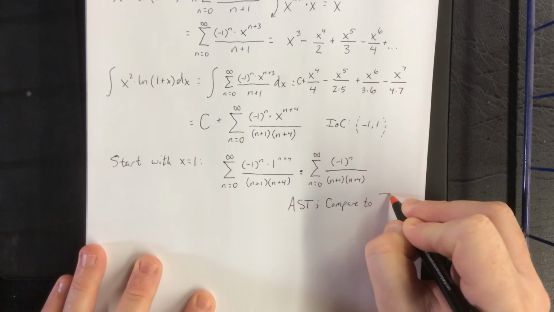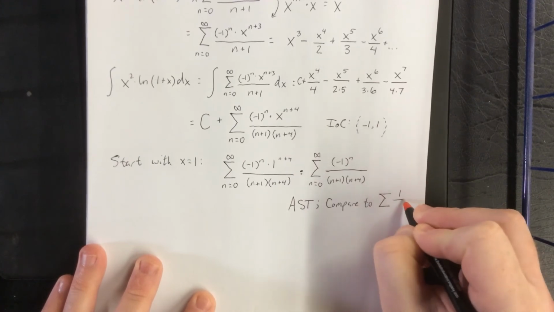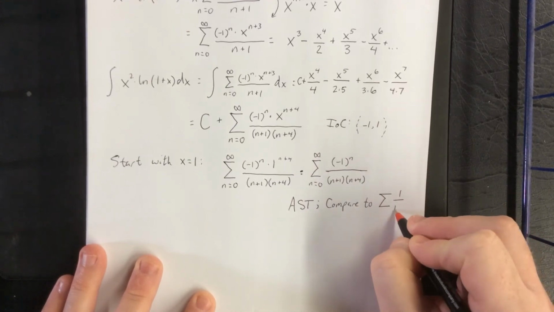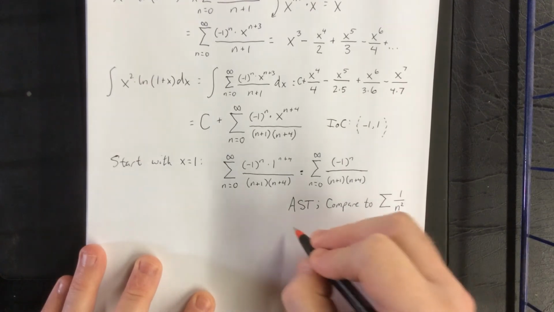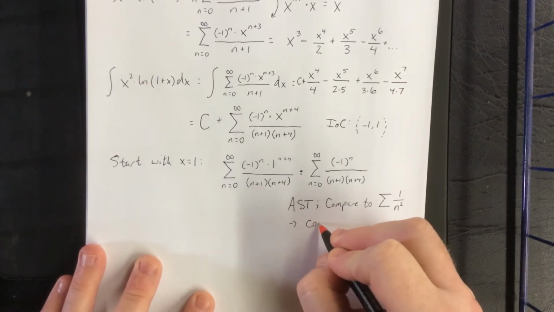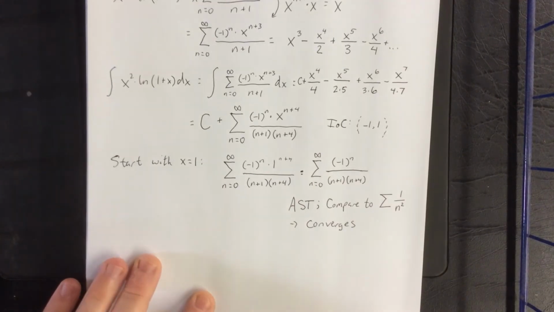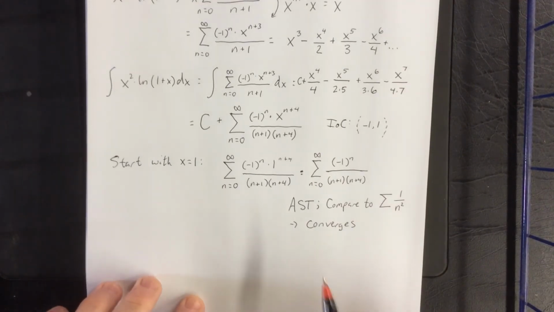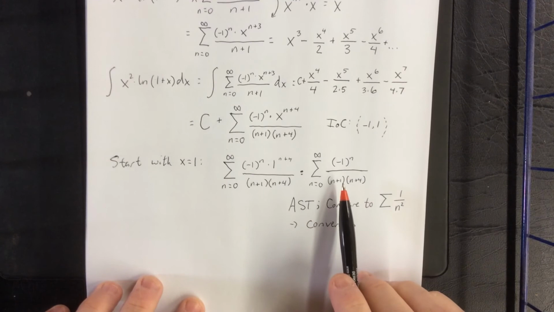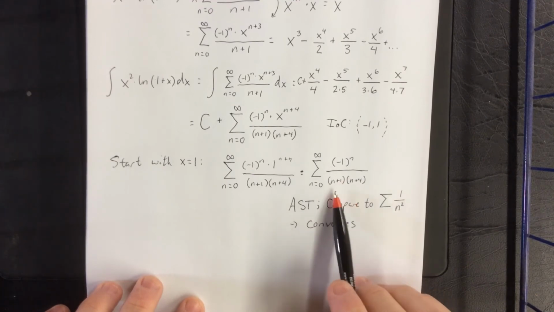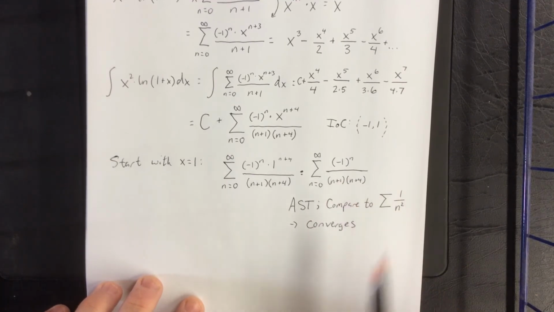Compare to the p series, 1 over n squared. Regardless of what you're going to do, you're going to find out that this converges. The other thing you could do, and this would be a bit of a shortcut, is test this for absolute convergence. Because of the n squared that's down here, I know that it's going to converge anyway.